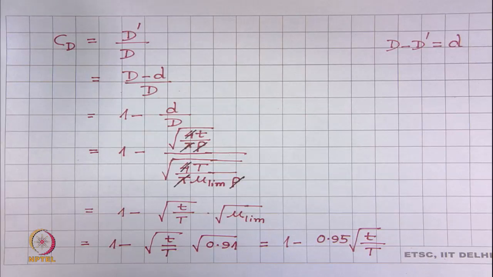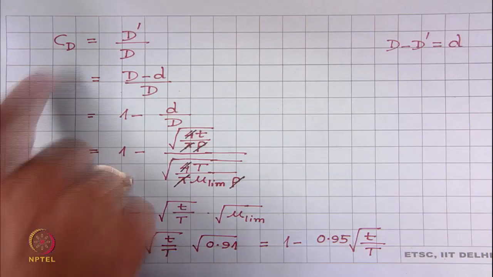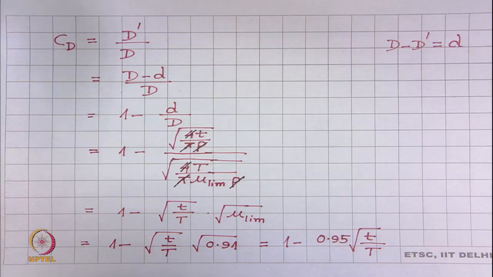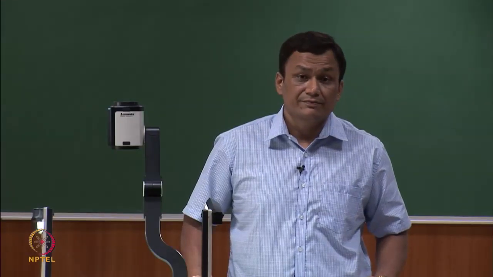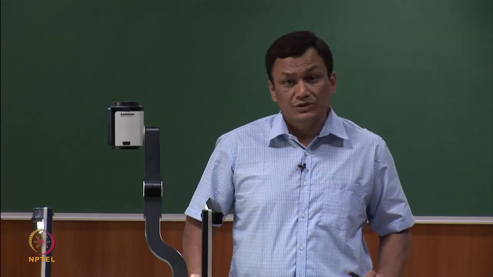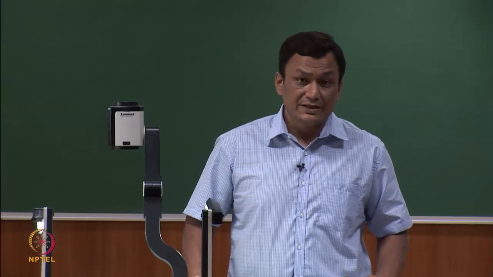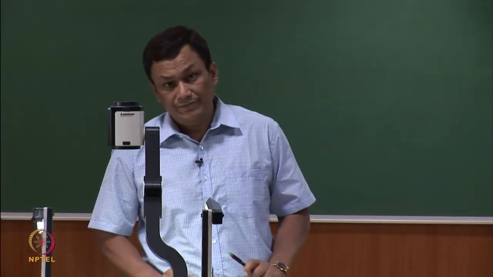Now, you see Schwarz constant for theoretical limit structure is equal to 1 minus 0.95, very close to 1, square root of small t by capital T. Small t is fiber fineness, capital T is yarn count, or index. So, both are measurable quantities, small t and capital T, so we can determine it.